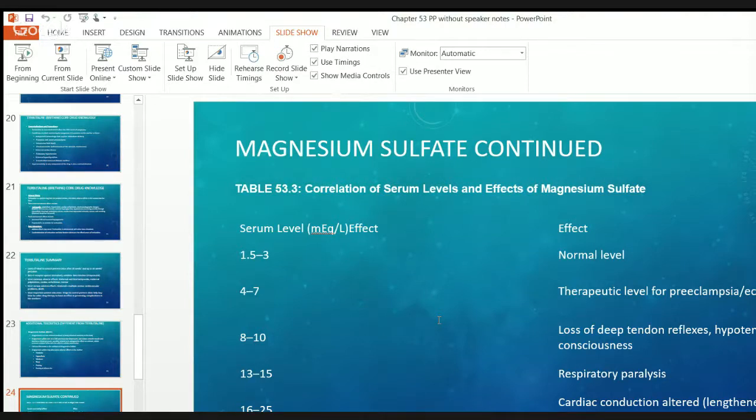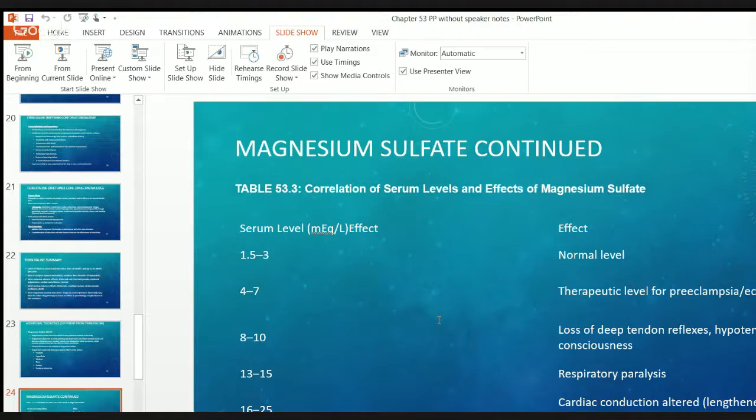But again, you can see as these levels rise, if we think about the muscles relaxing, and that's all the muscles, now they're at great risk for respiratory depression. At levels of 13 to 15, respiratory paralysis. Again, you can see now cardiac conduction could be altered at levels of 16 to 25, and then complete cardiac arrest at 25.